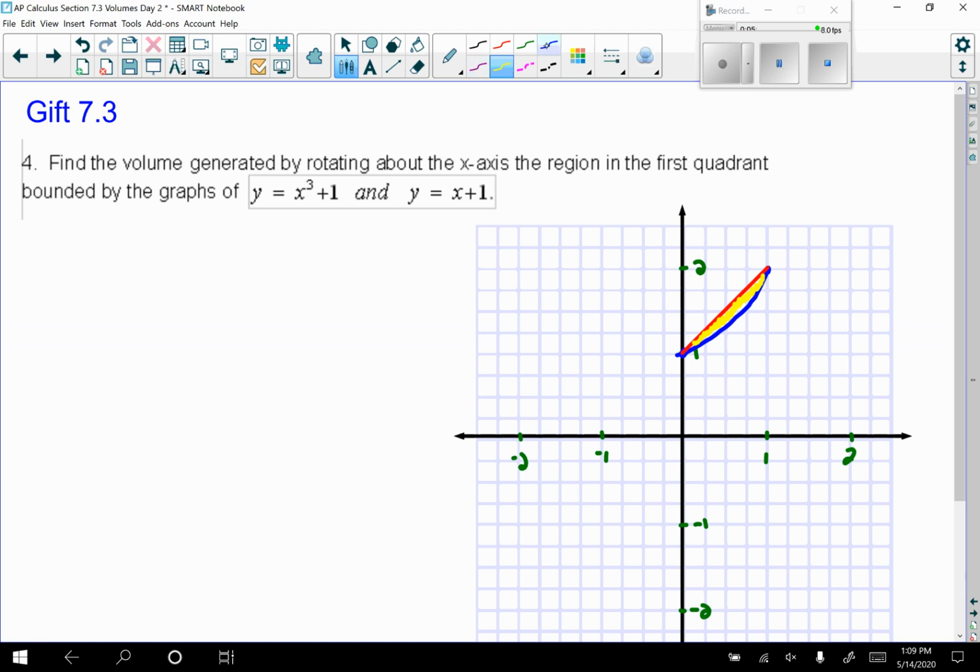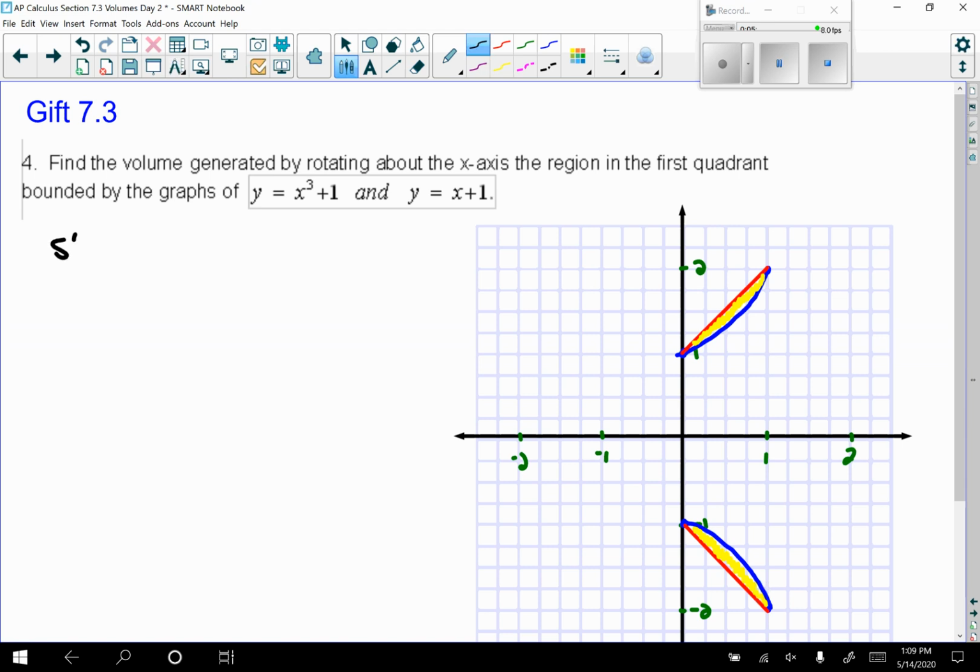So I'm going to copy this down here as well. So again, our curve is going to look something like this. I'm going to draw the line as well. And we get this little shaded region right here. So as this goes to rotate, the middle is open, and we call this a washer.